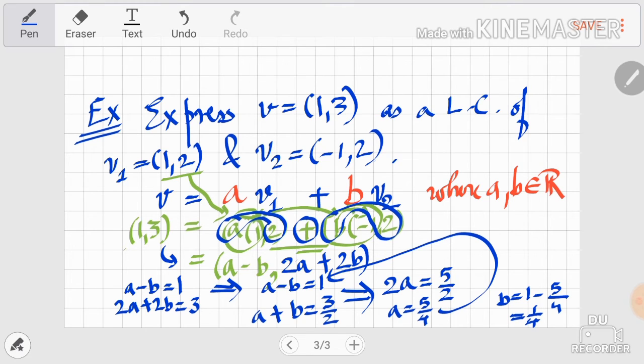So finally we have our answer. We can write our v as, the a was 5 by 4, so you can have 5 by 4 times v1 plus 1 by 4 times v2.